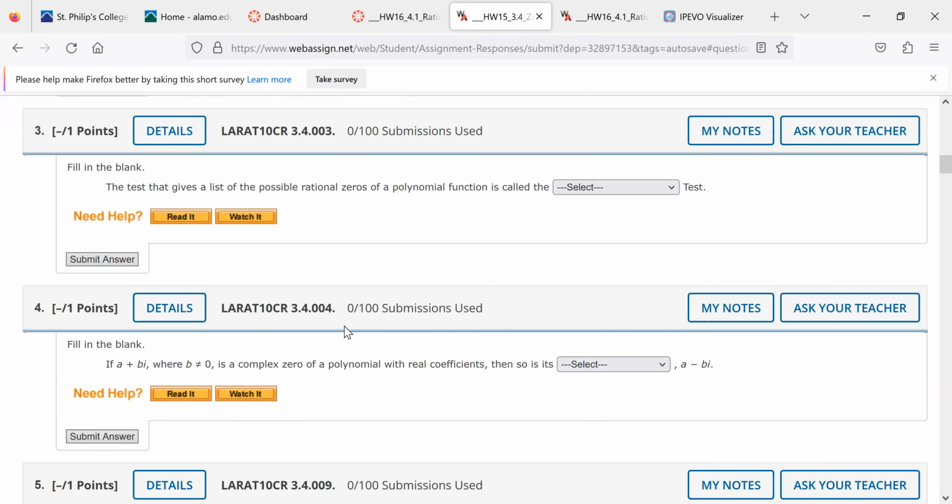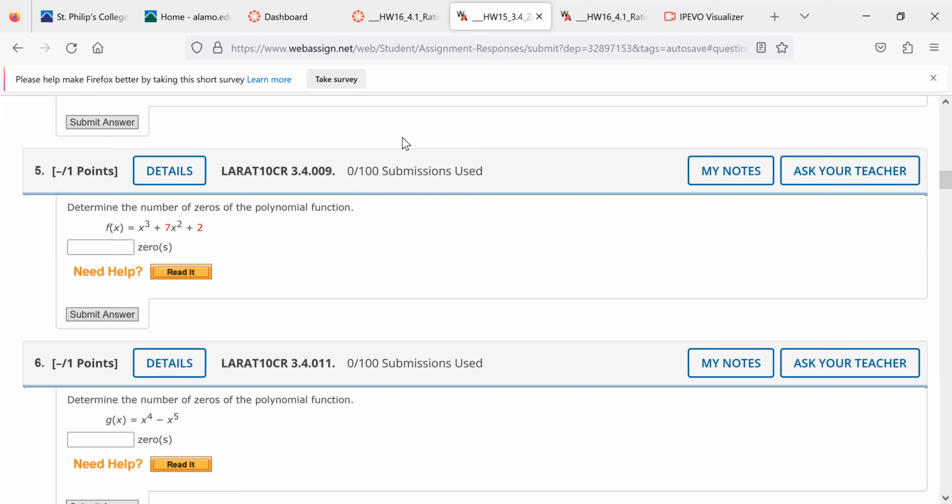Determine, this is number 5. Actually it just says determine the number of zeros, so my bad. I thought I said find them. So how many do we have?